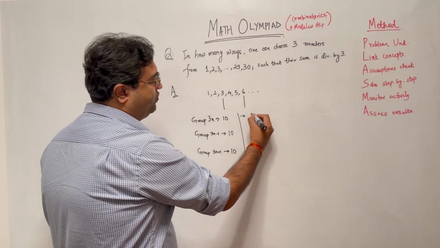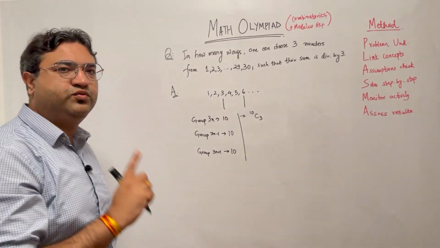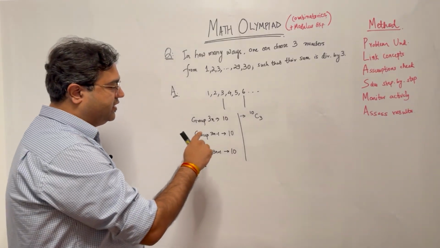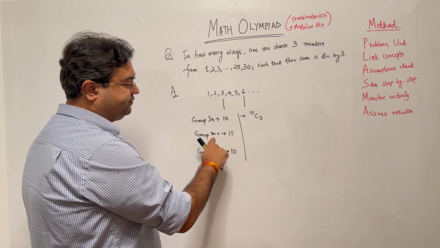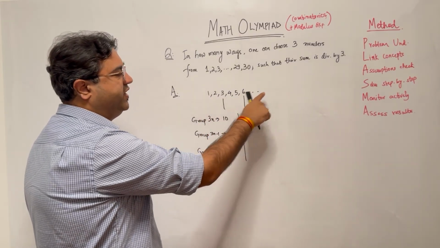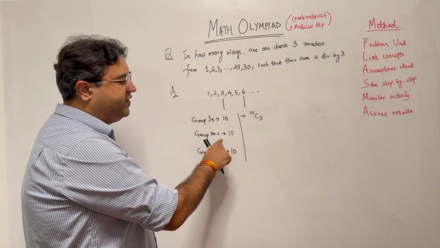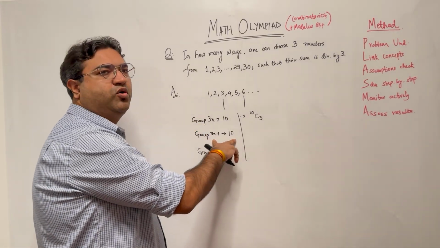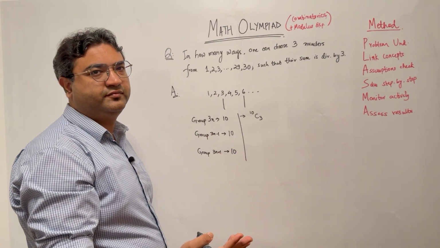Okay. So we will have 10C3. That is one combination. Now, if we take 3n minus 1, all the numbers here, which is 2, 5, 8, and so on. If we take 3 numbers from this set also, they will also be divisible by 3. Correct?